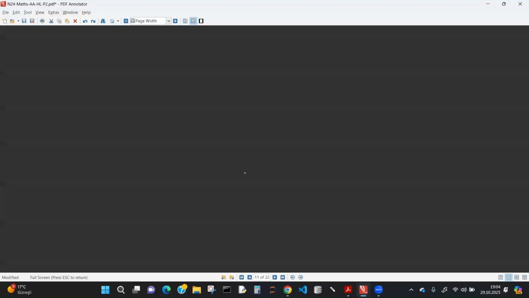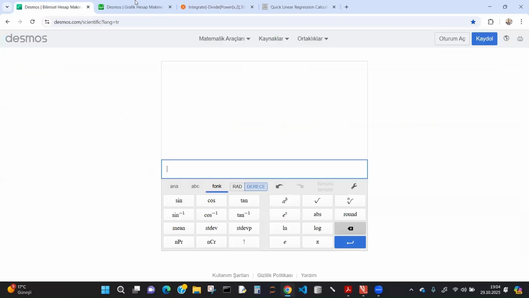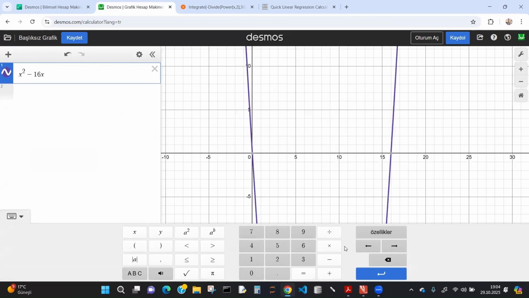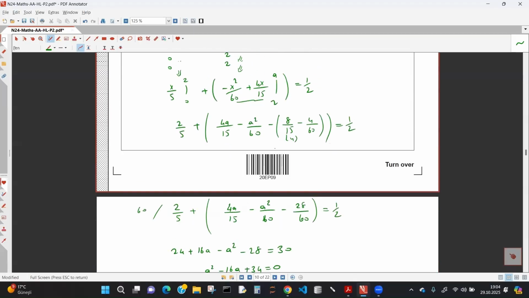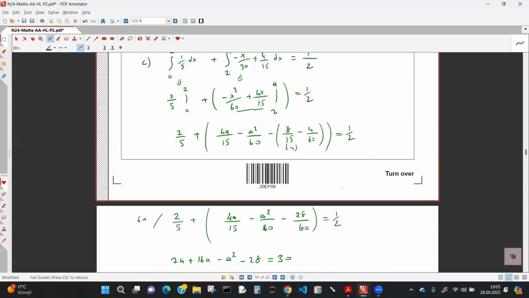And to find this, you can use the calculator. Let's graph it. So 2.5, because this needs to be between 2 and 8.